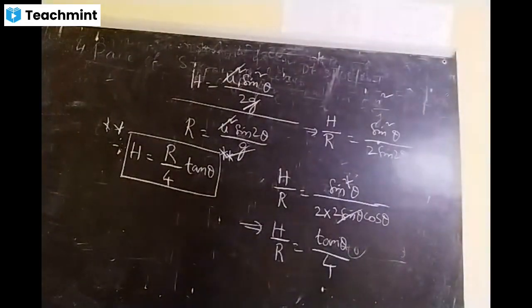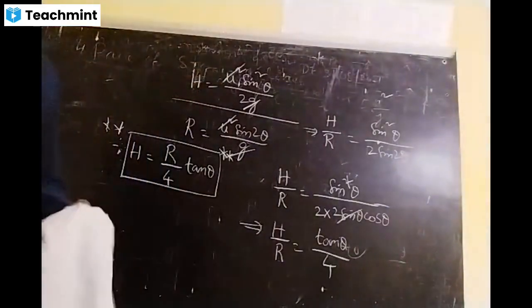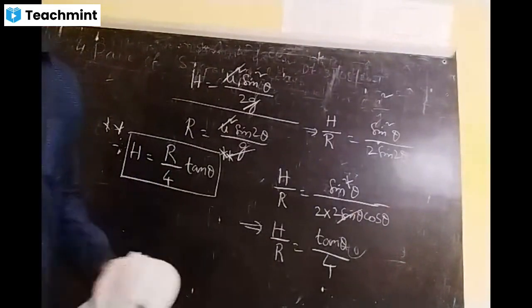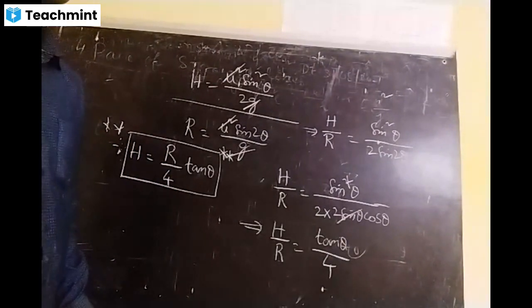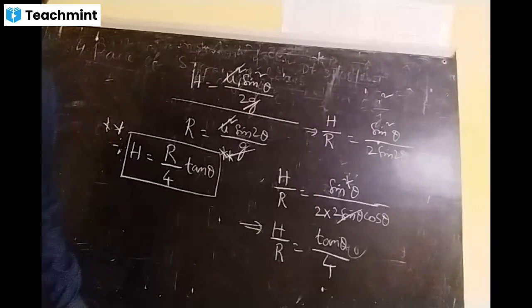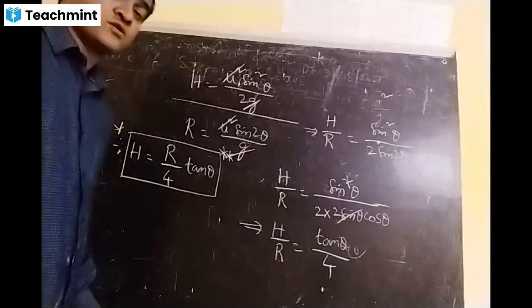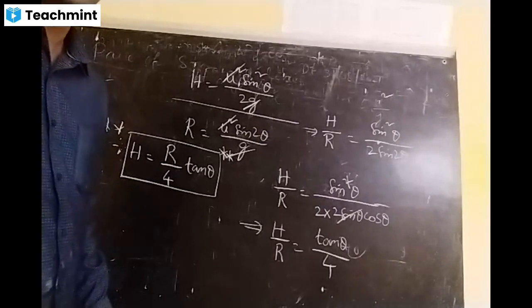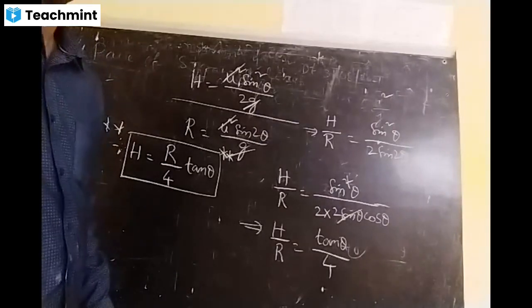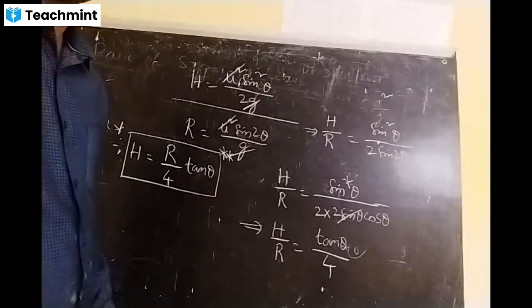Right. Now let me talk about the horizontal projectile. Oblique projectile is over. Almost all conditions we have written, right? So we have found out for which angle range is maximum, and for which angles ranges will be the same for a constant initial velocity.